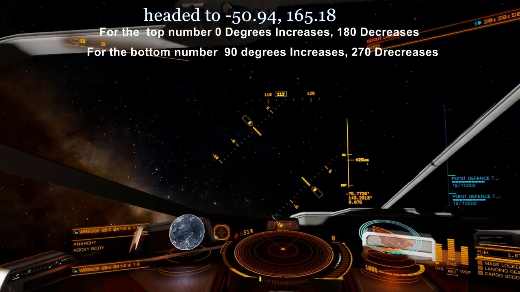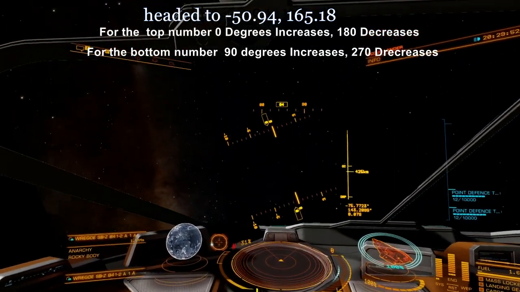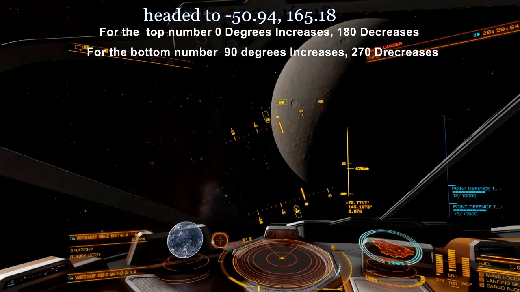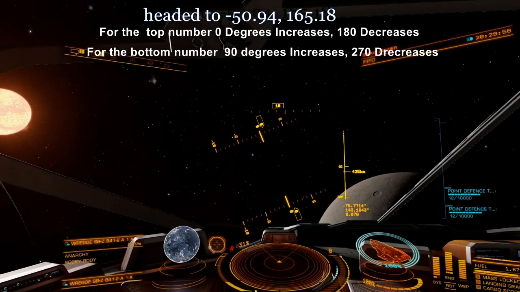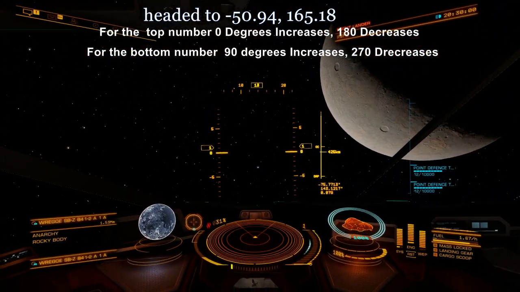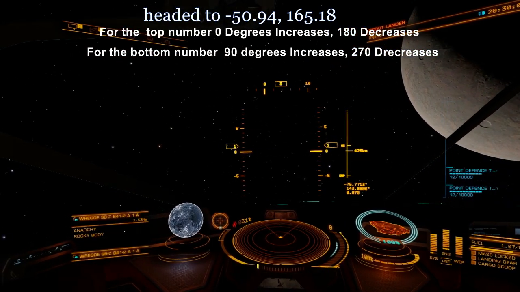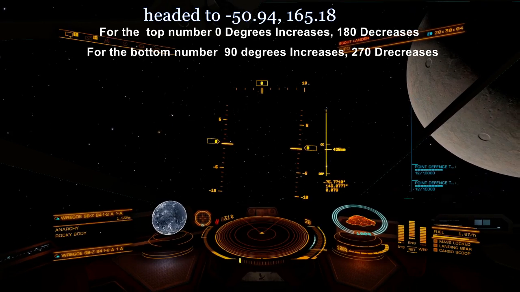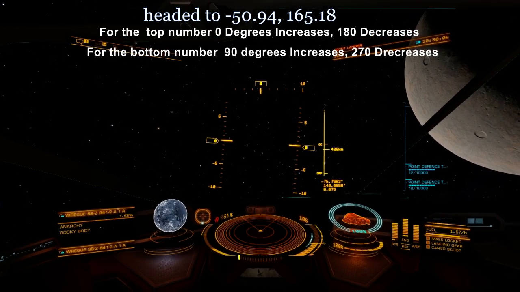So if we go to 0 on a negative number, you remember at 0, the top number increases.